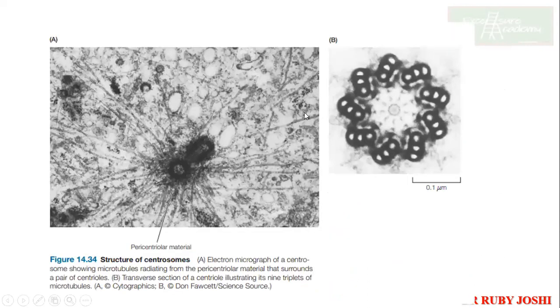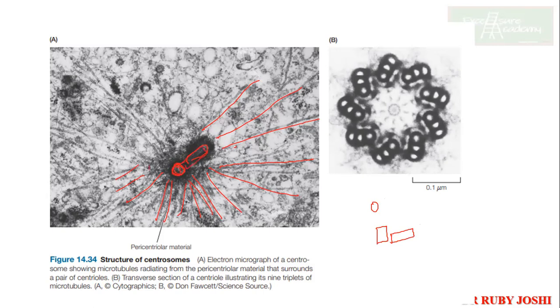Okay, so this is the electron micrograph of the centrosomes, which is showing the microtubules. See, those that look like lines are your microtubules, which are all originating from your centrosome. Now here, this is the centriole, which is always present like this. Okay? If it is standing upward, then it is like this.